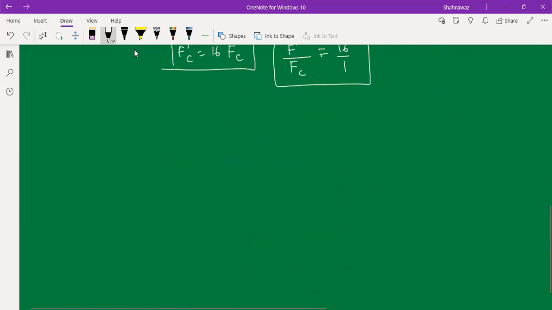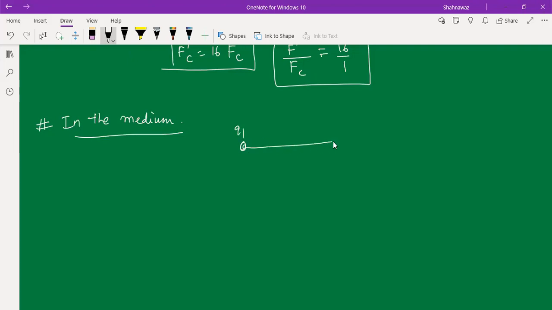Now the second part is that if you immerse the charges in a medium, that is Coulomb's law in a medium. Let's say this Q1 and Q2, and the separation is R, and you immerse this in a medium.